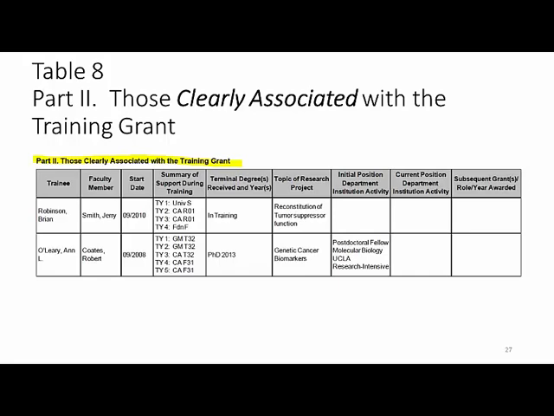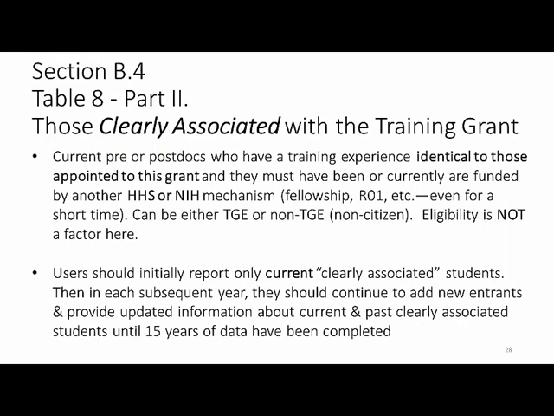What are clearly associated? I think it was in 2015 that NIH came up with this. If you have 4 pre-docs in Dr. Ginsberg's lab, and one of them is on the training grant, and the 3 other ones happen to be paid on HHS funds or an R01, those could be considered clearly associated if they have been receiving the identical experience as the one on the training grant.